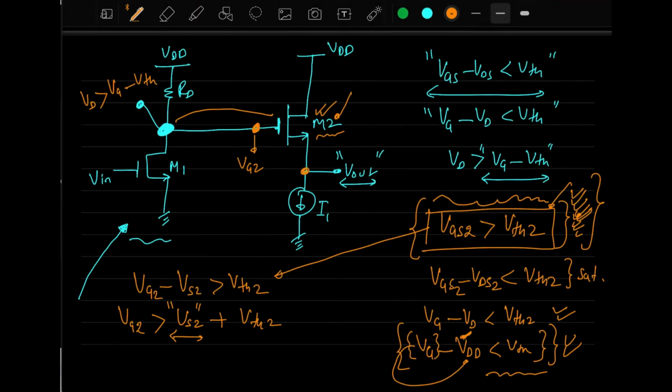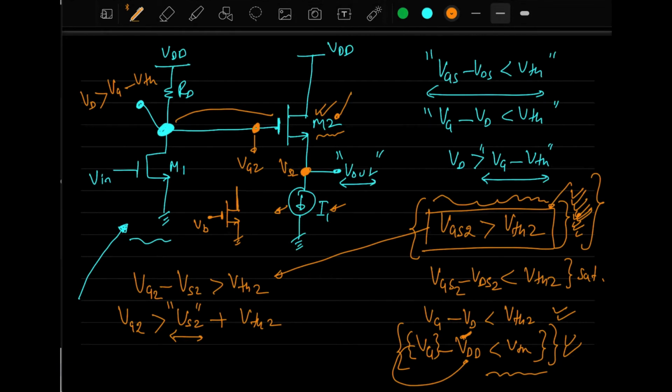VS2 is this potential here. This potential VS2 is from a current source here, I1, and we can replace this current source by a MOSFET which looks like this. I told you already that if you have a constant voltage applied to the MOSFET, it behaves like a current source.